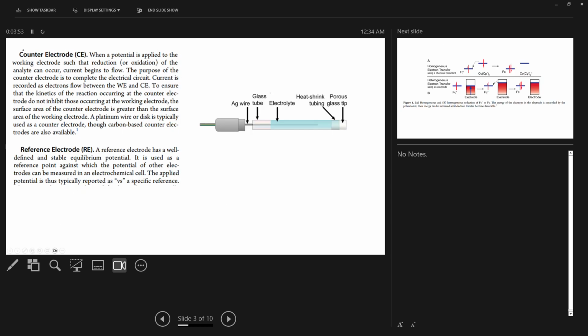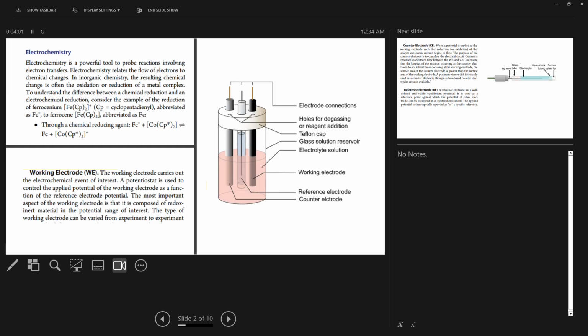The reference electrode is given in the cell in order to measure the specific potential which is supplied by the external battery to the working electrode.